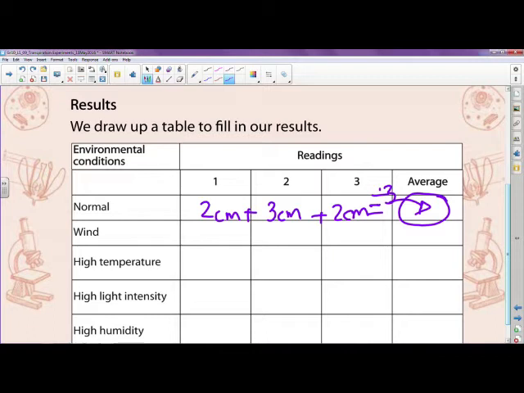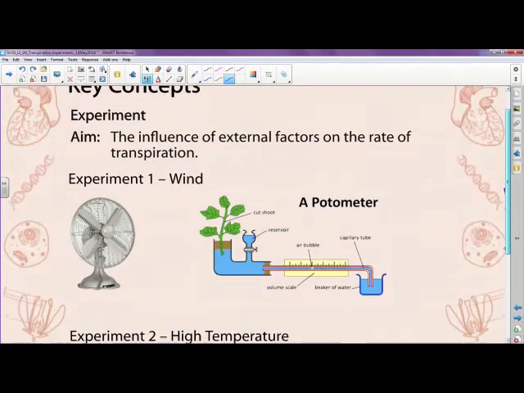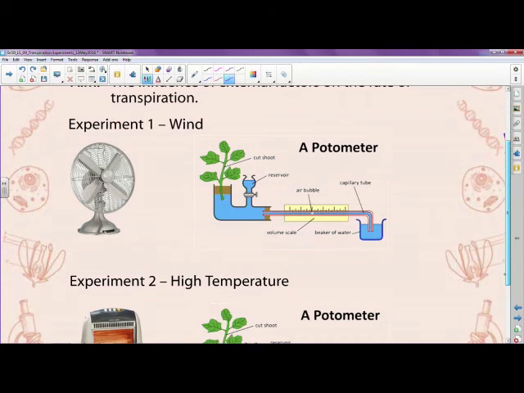So I've set up my table, and now I'm going to take each of those external factors and test it. How do I set up? Here's my potometer. I've set it up. There's my air bubble. Here I've got my fan. And what does my fan do? My fan is going to put wind onto the plant.